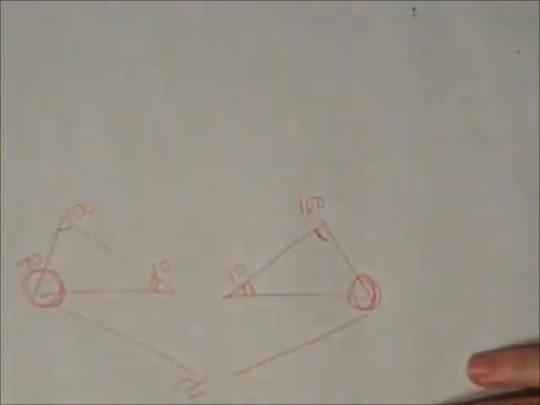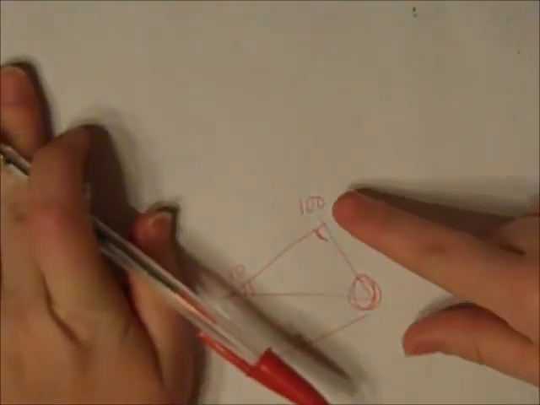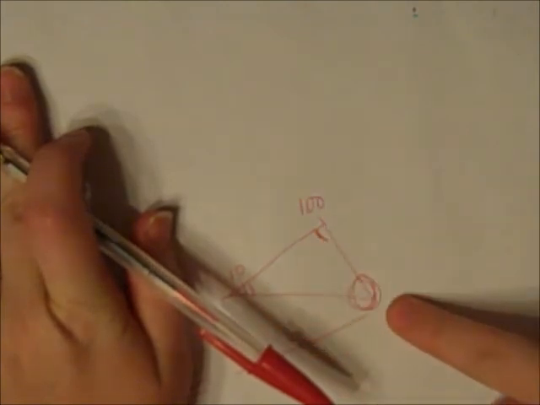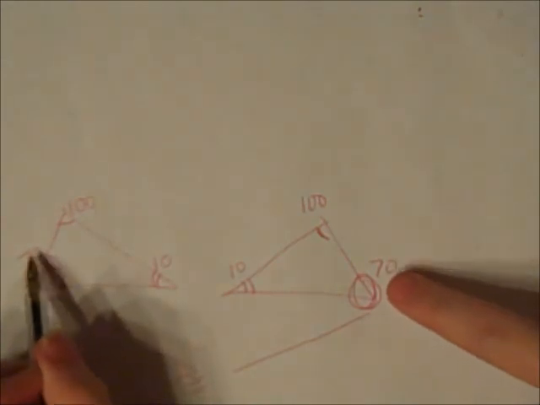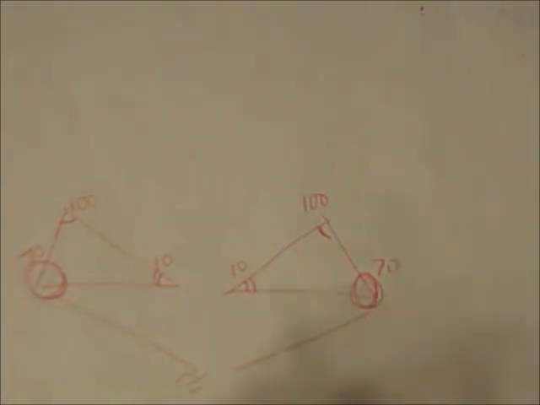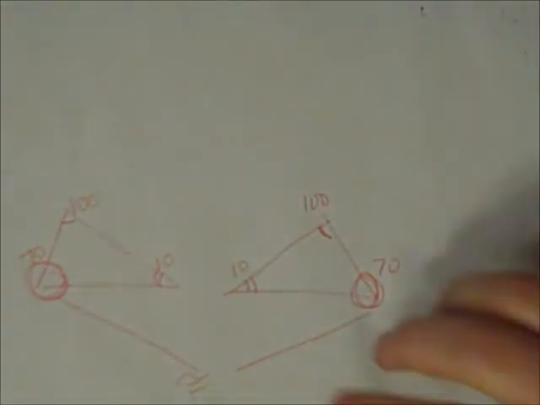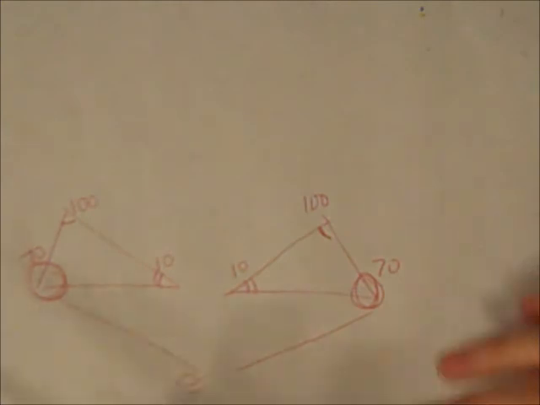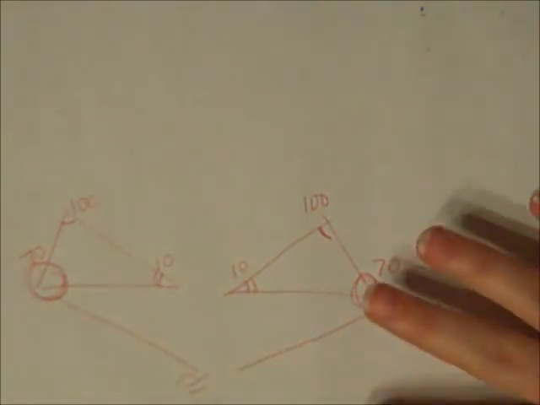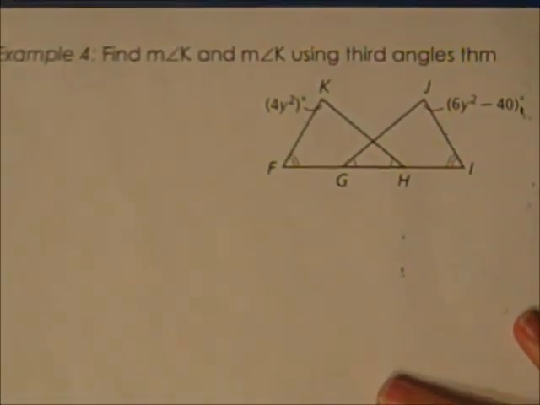It has to be 70. And then this one by itself, if this is 100 and this is 10, how much does this have to be? It has to be 70. So the third angles have no choice but to be congruent, because this has to equal 180 and this has to equal 180. So that's why we call this the third angles theorem. If two are already congruent, then the third has to follow suit. Okay, super important for later.